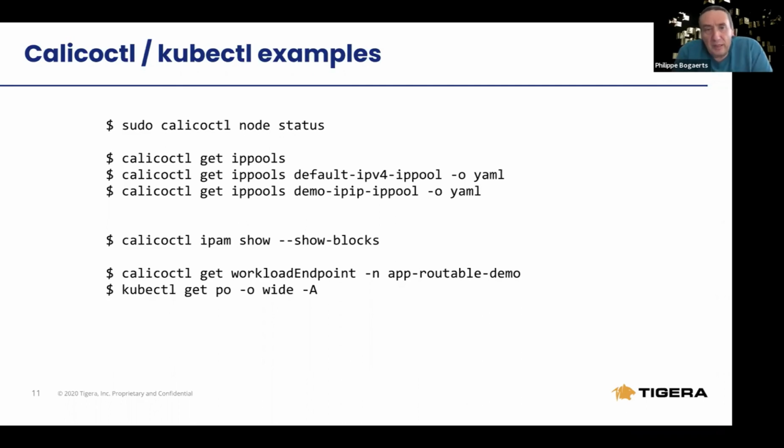For those that know Calico, I already explained that we are using a way more advanced way of managing IP addresses, in a concept like IP pools. An IP pool, by default called default IP pool, is actually a range of IP addresses that Calico uses to assign IP addresses in the first place to nodes.